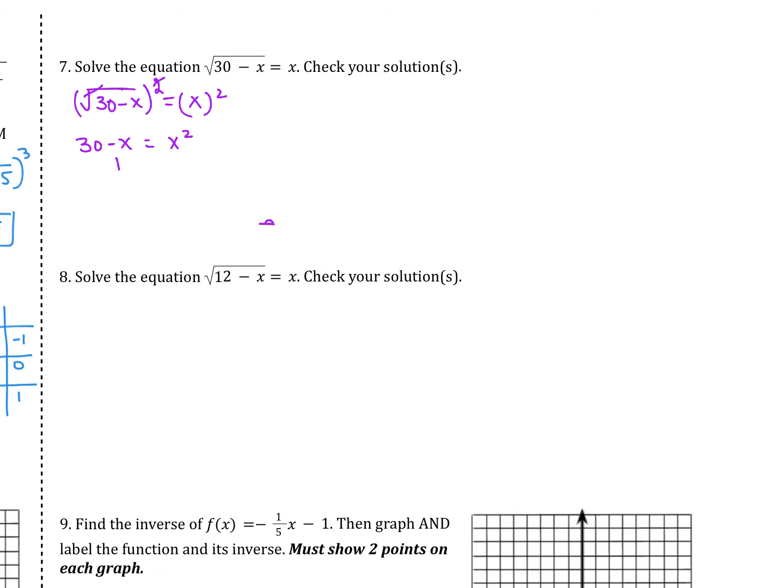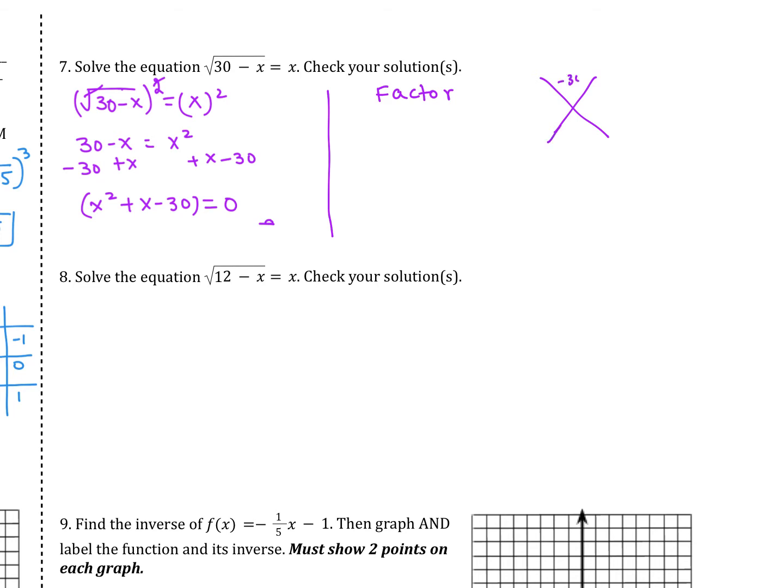And then you add x on both sides and subtract 30 on both sides. You're going to get the equation as a quadratic equation, and you can factor this equation. Once you factor this, you can use the cross method.